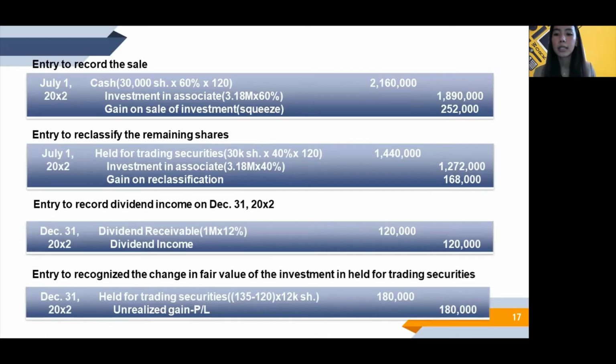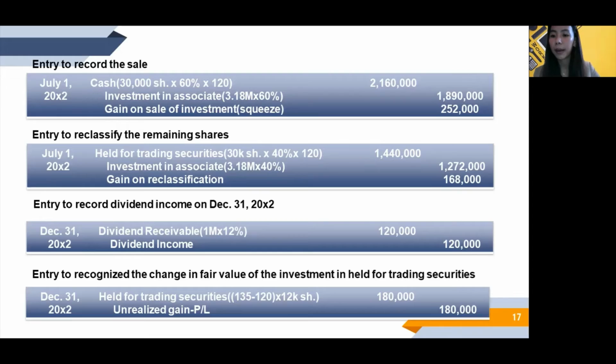After the sale, the unsold portion of the investment is classified because it is presumed that the significant influence is lost. If we remember earlier, the 30% interest reduced to below 20%.